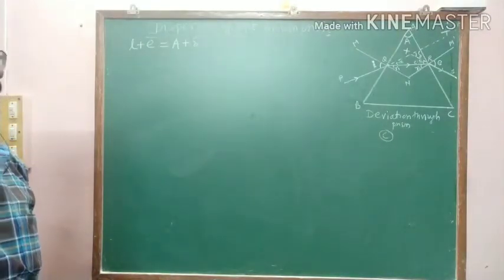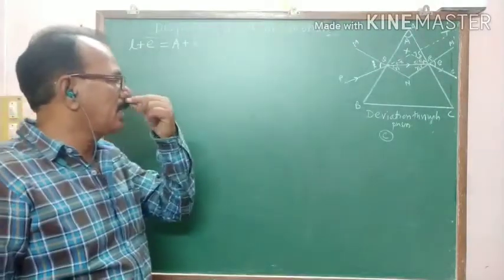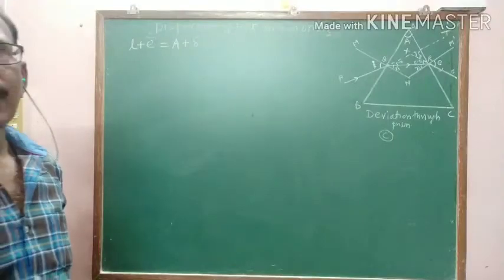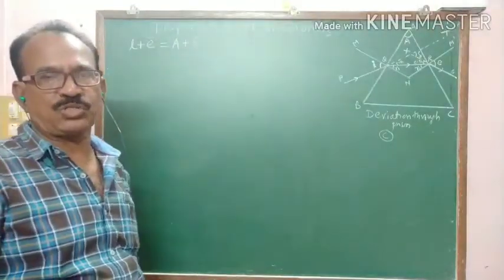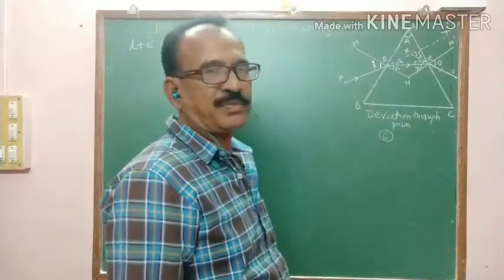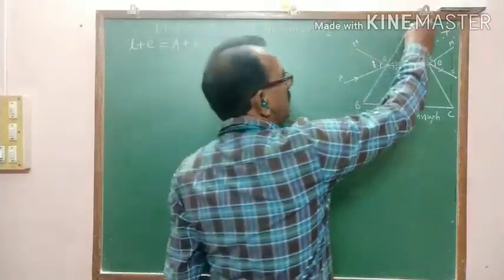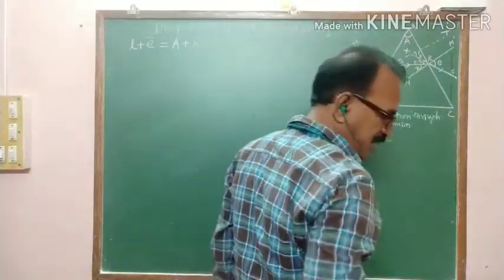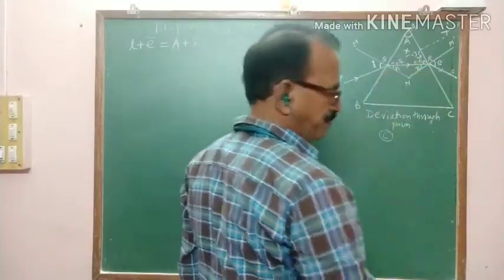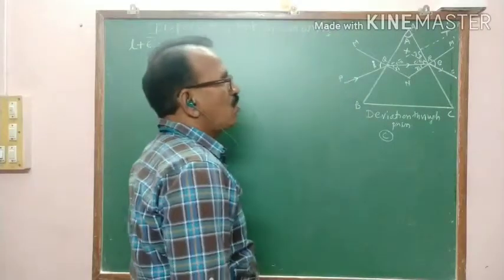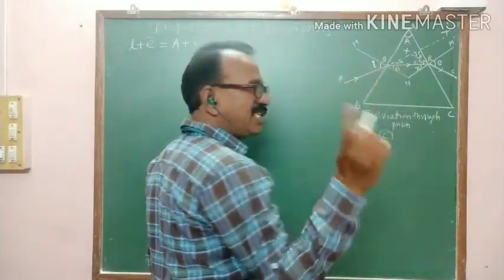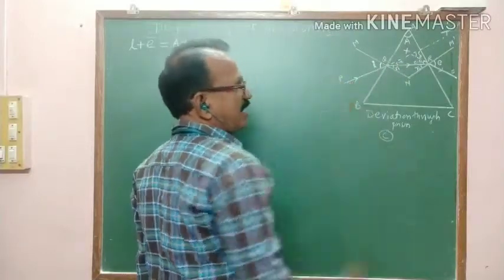Now here, in this figure, again I am making a monochromatic source of light incident. Here is a monochromatic light, a single light. Consider the principal section ABC of the prism. This is a monochromatic, single color light, suppose yellow color light.